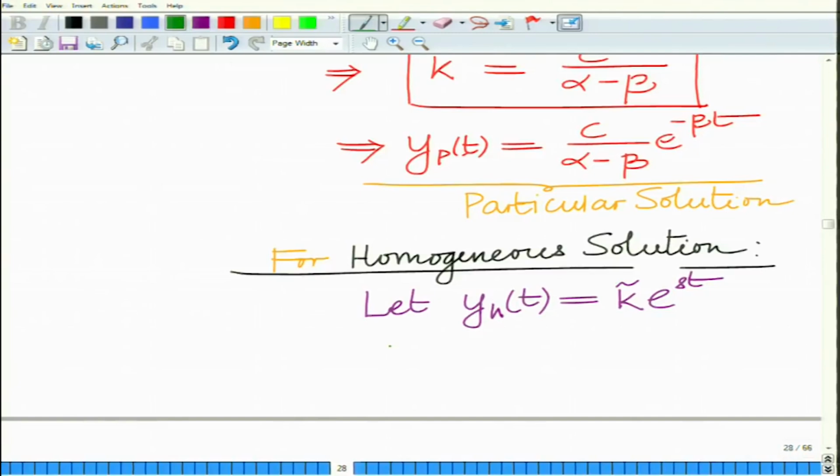Now, remember the homogeneous solution can be found by equating dy_h(t)/dt plus alpha y_h(t) equals 0.